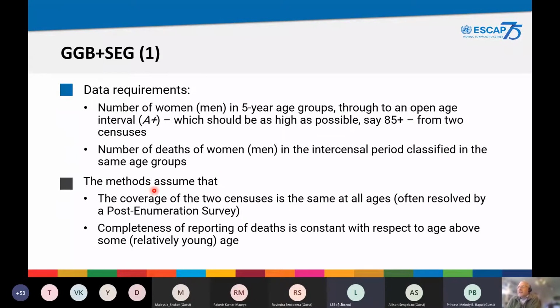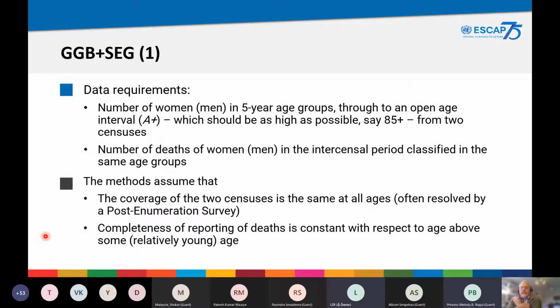The methods do assume that the coverage of the two censuses is the same at all ages. In other words, there's no differential under-enumeration by age in one census, or differential under-enumeration by age in the second census.